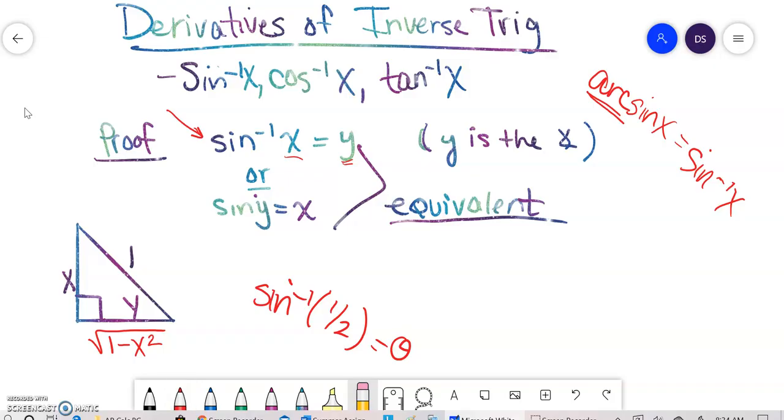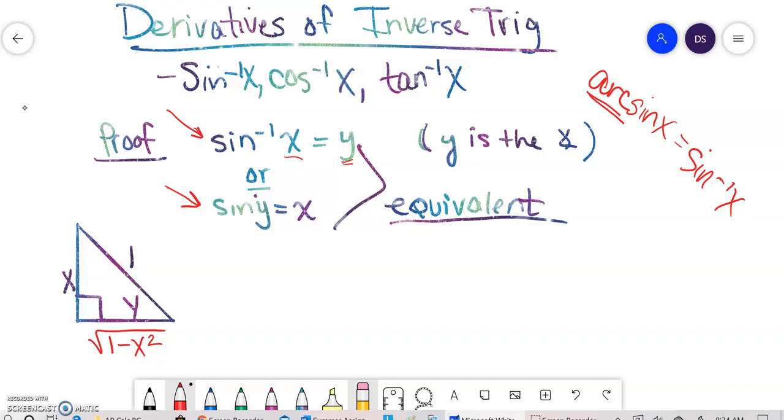So this notation with the inverse has the same exact meaning as sine y equals x, because one is saying the sine of the angle gives me the value, and the other says the inverse sine of that value gives me the angle.